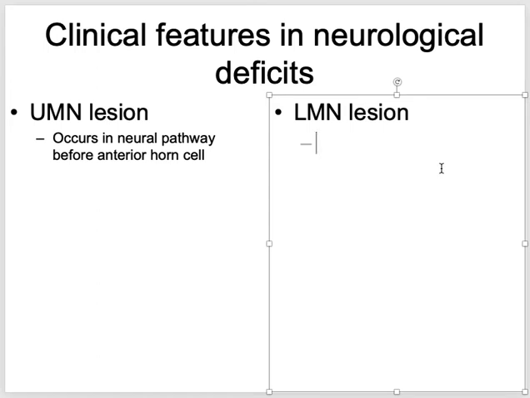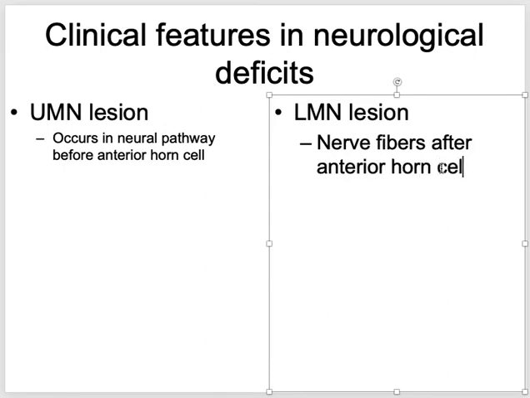So a lower motor neuron lesion affects the nerve fibers after the anterior horn cell. Sorry, not after, either in or after the anterior horn cell.